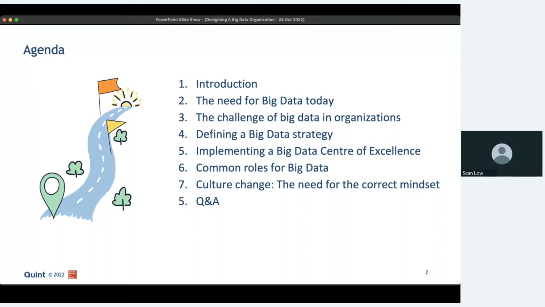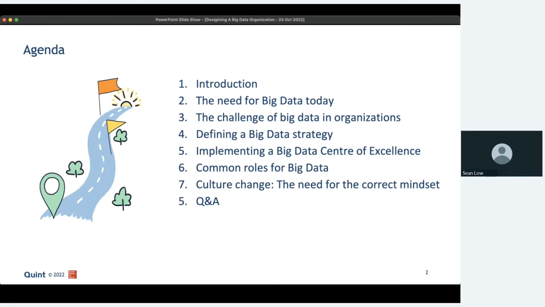We're going to look at 5 main challenges, and then looking at the guidance to actually help resolve these challenges, by looking at the strategy and the center of excellence and so on and so forth. And we will end today's session with a Q&A, where you are able to ask any questions pertaining to what we've talked about today. And hopefully we can provide you with some guidance and some solutions of how to apply this in your organizations.